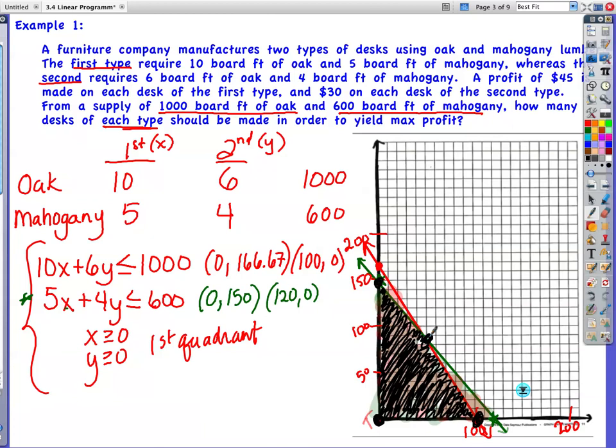Okay, and we have to find the value of those vertices. All right, well, this one's easy enough. I got 0, 0. Everybody agree with that? Oh, sure you do. This one's easy enough. I have 0, 150. This one's easy enough. I have 100, 0. The question is, what's this value? And I know a lot of you are like, oh, I think it's about this or it's about that.